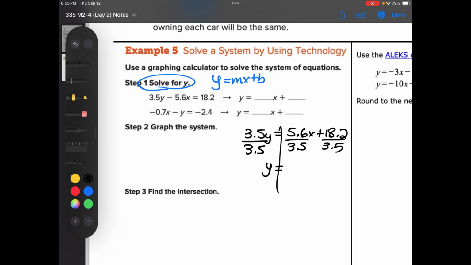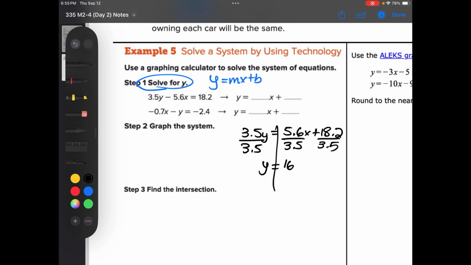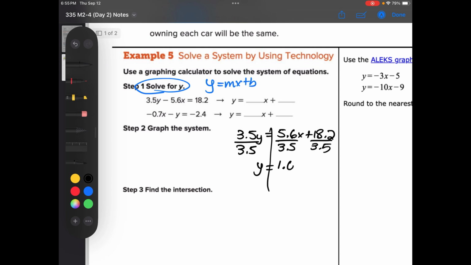Just use a calculator and everything's going to be just fine. So I'm going to type this in. 5.6 divided by 3.5 is 1.6x. Plus, we're going to do 18.2 divided by 3.5, and that's 5.2. So that is the first equation.